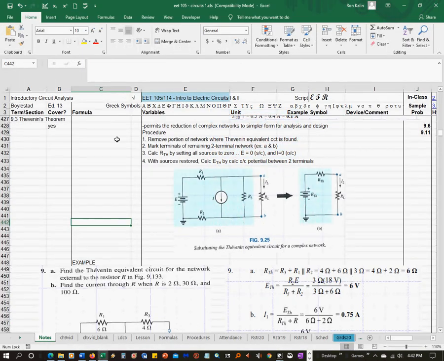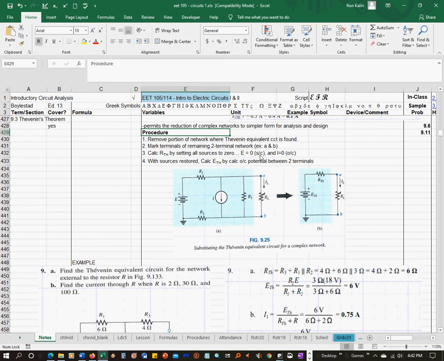So from the notes, Thevenin's theorem permits the reduction of complex networks to a simpler form for analysis and design. The procedure: 1, remove the portion of the network where the Thevenin equivalent circuit is found. 2, mark the terminals of the two-terminal remaining network A and B. 3, calculate R Thevenin by setting all sources to 0.